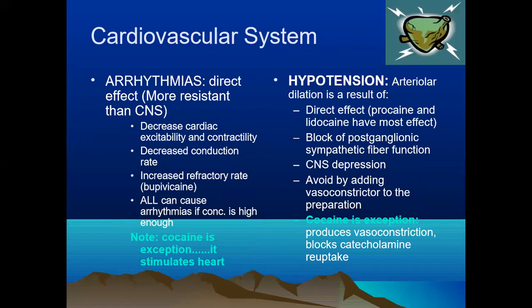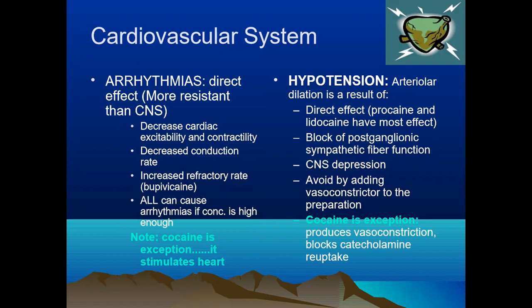In the cardiovascular system, there are side effects like arrhythmias, which can be directly related. But don't worry, later on we'll see that arrhythmias are also treated by this type of drug; sometimes you can treat arrhythmias using lidocaine, this type of local anesthesia.